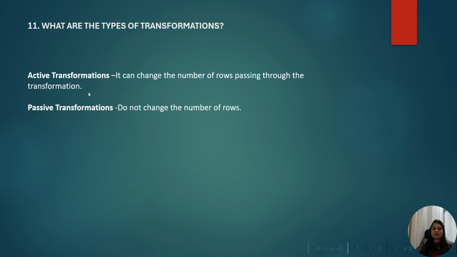For active transformation, if there are 4 records in my source and only 3 records are loaded into my target because I gave a condition, that is an active transformation. But in passive transformation, if there are four records in my source and four records are loaded into my target, there is no change, so it is called passive transformation.